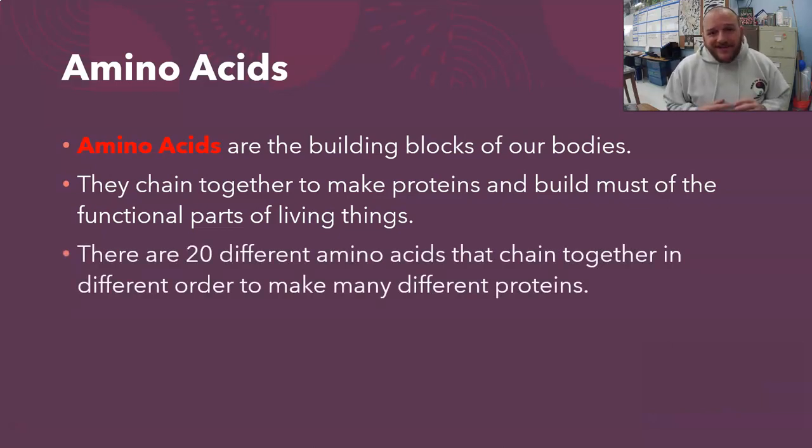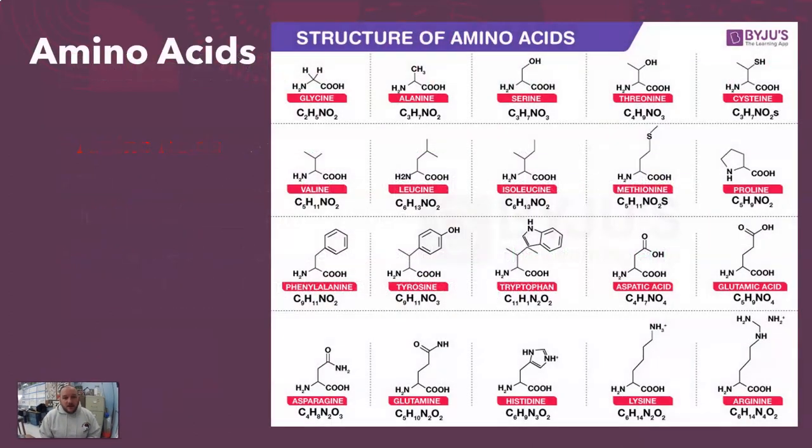There are generally 20 different amino acids that chain together in different order to make all of the different proteins. So we have to know what these amino acids are and how we chain them together to build up our different proteins. So here they are. Here are the 20 different amino acids. You'll notice they all have carbon, hydrogen, and oxygen in them, as well as nitrogen. There are a few that also include sulfur, but most of them carbon, hydrogen, nitrogen, and oxygen.